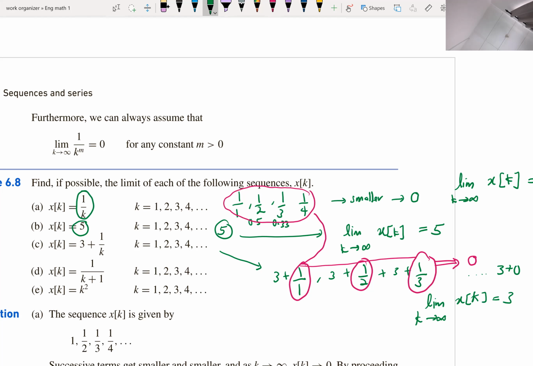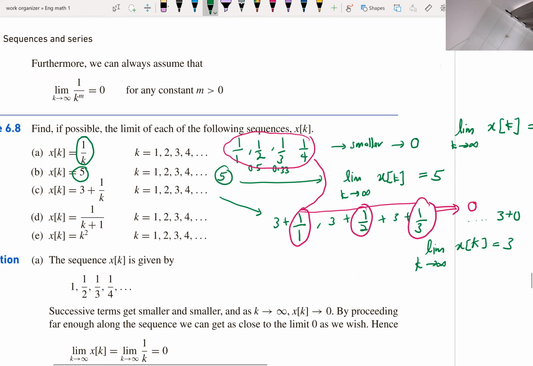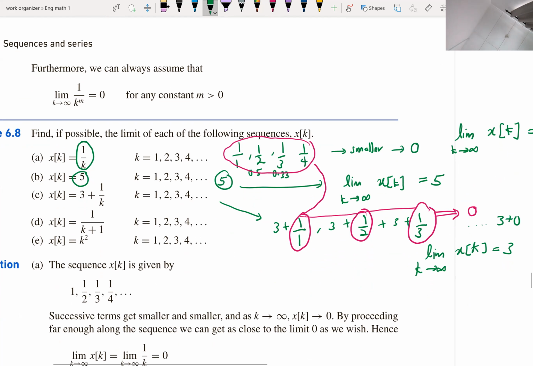And for this one, 1, 2, 1 over 3, the process is the same and repeated.